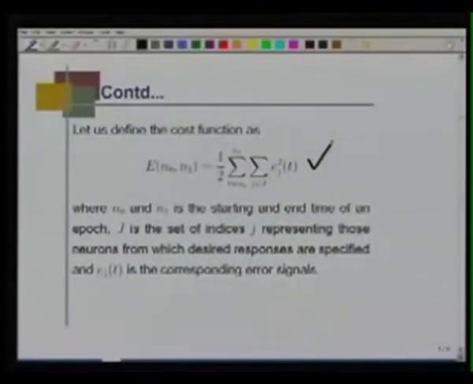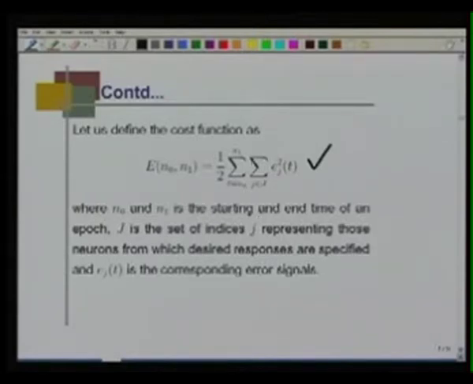And then we define as usual a cost function, which is the instantaneous error at individual node and sum over all the nodes, and also then over time steps.